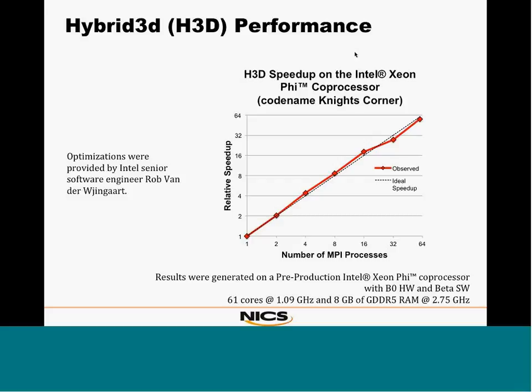These that are a little high on the dotted line, it's just a rounding issue. But we were able to observe about the ideal speedup going from the number of MPI processes up.